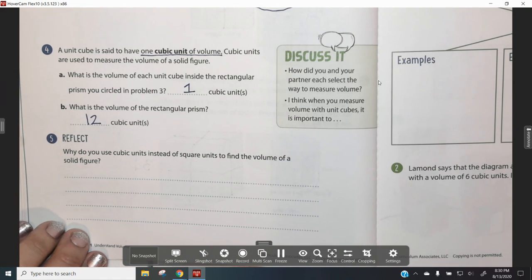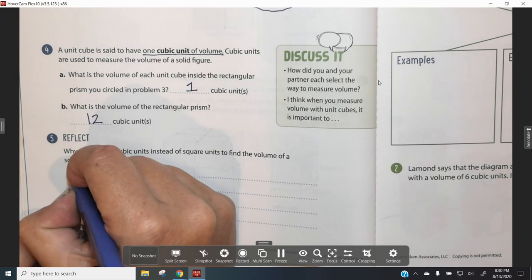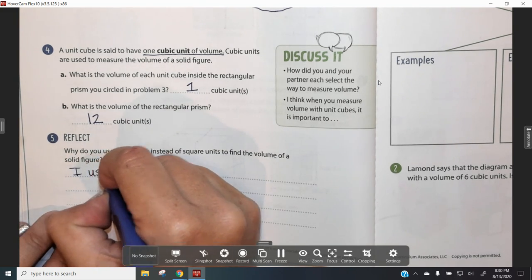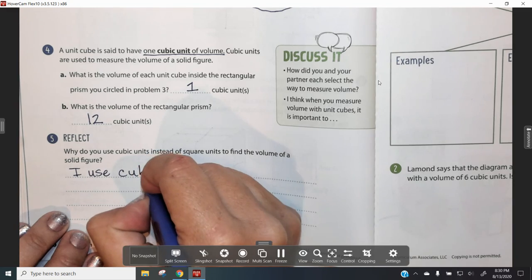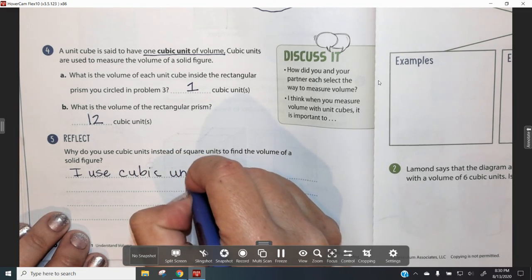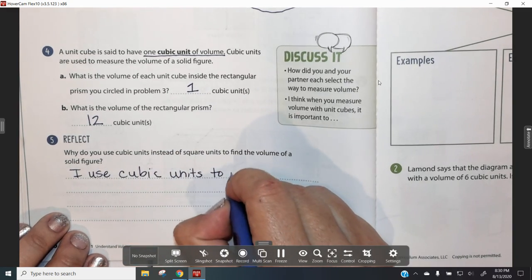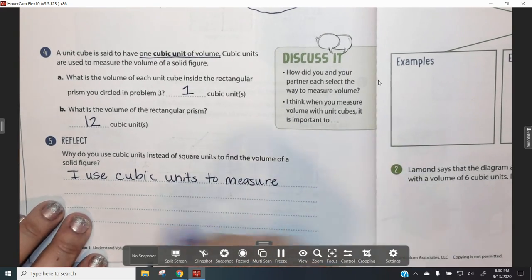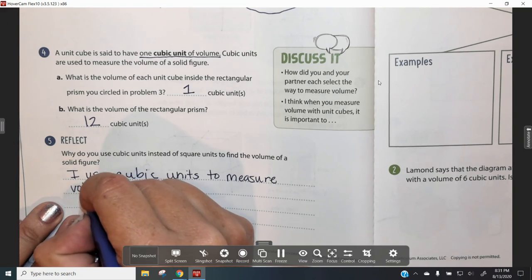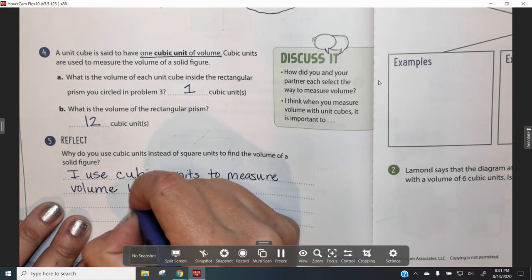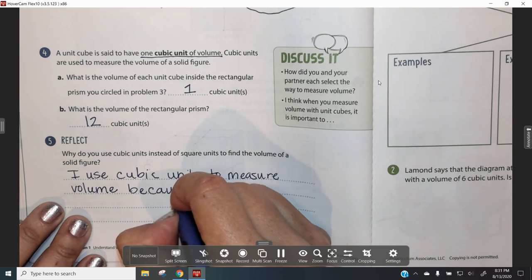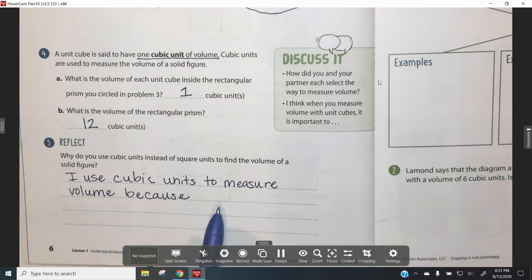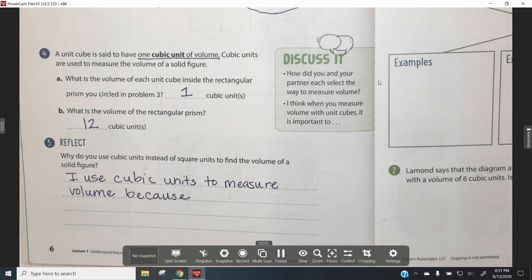I'm going to help you out with a sentence frame. I use cubic units to measure volume because... And then I want you to finish this sentence and tell me why you use cubic units to measure volume instead of square units.